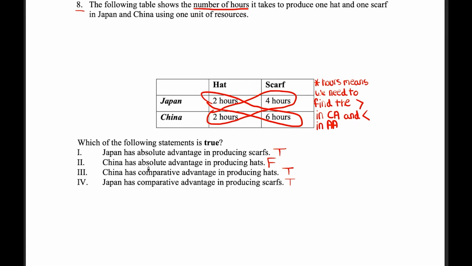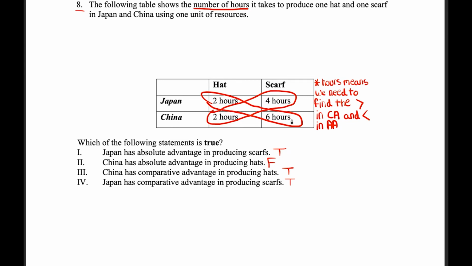Let's do the absolute advantages first, because they're the easy ones. Japan has an absolute advantage in producing scarves. Let's go and check. Does it? Japan, scarves. 4 hours for Japan. However, there's 6 hours for China.